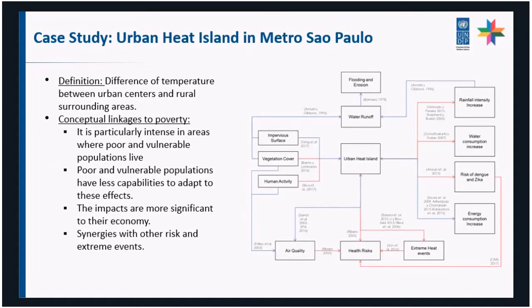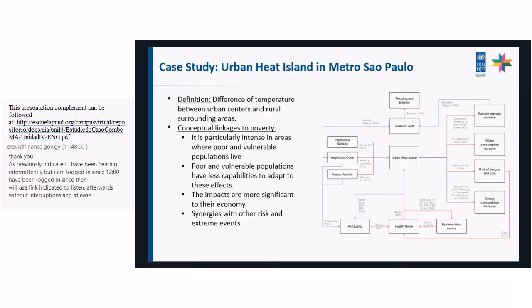It can increase the rainfall intensity, which can then increase water runoff and then flooding and erosion. So these are the consequences that are identified in the literature, but when we want to make a specific case, we have to find the linkages that we think are important, specifically in this case with poverty.